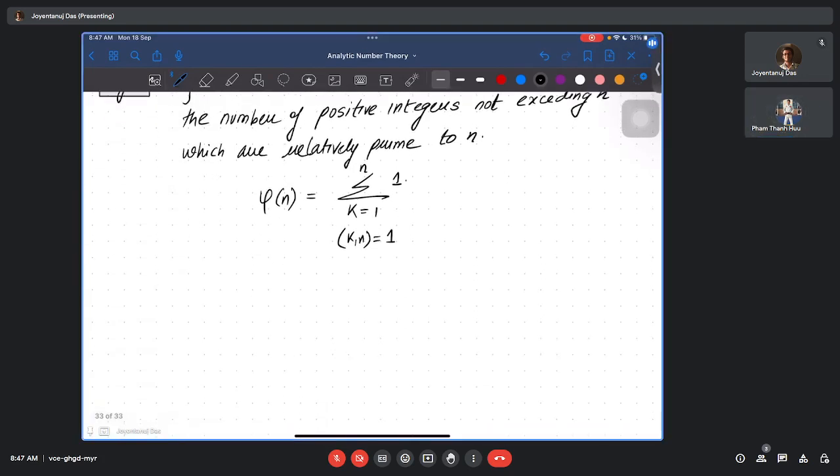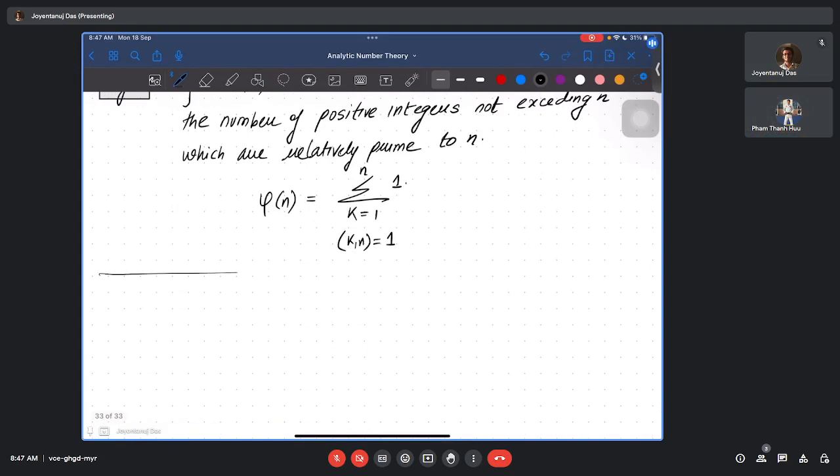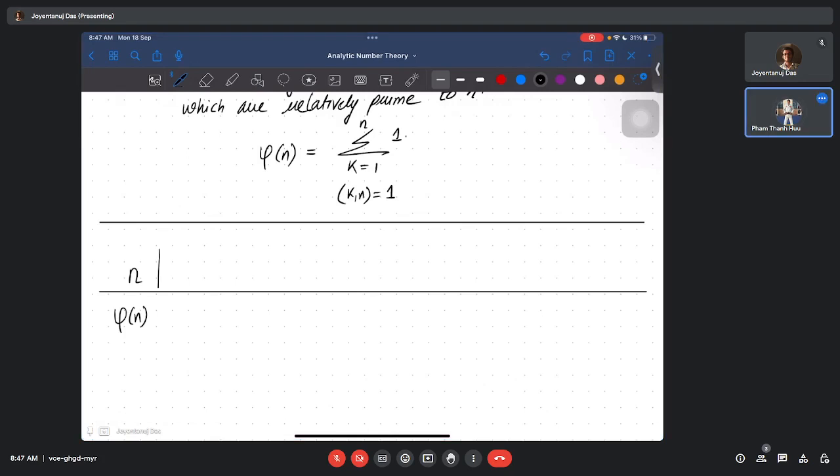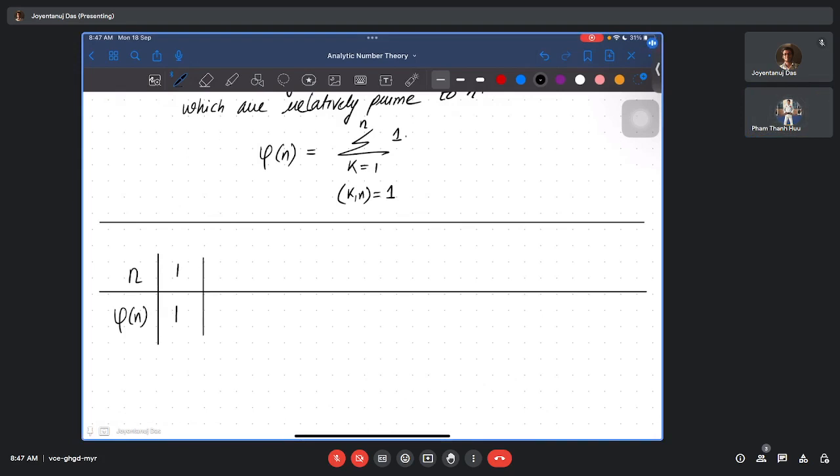So let us see for small values what phi of n is. Suppose n is 1, then phi of n is 1. If n is 2, what is phi of n?